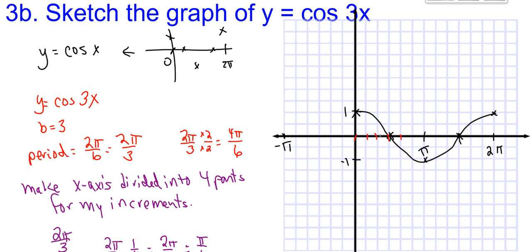In that space, I'm going to get a period. Then 1, 2, 3, 4. In that space, I'm going to get another period. And then 1, 2, 3, 4. In that space, I'm going to get another period. So that's how I'm going to end up with my 3 periods.